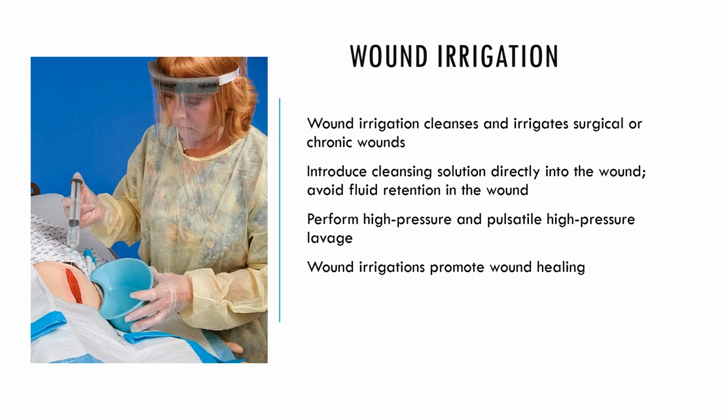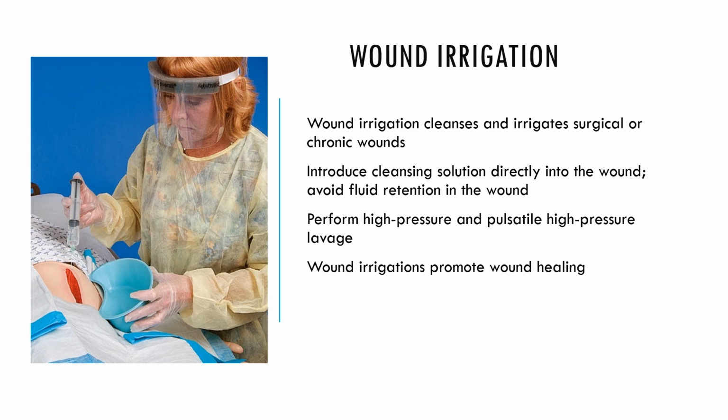Next, let's talk about wound irrigation. Wound irrigation is the steady flow of a solution across an open wound surface, usually to achieve wound hydration, to remove deeper debris, and to assist with a visual examination.